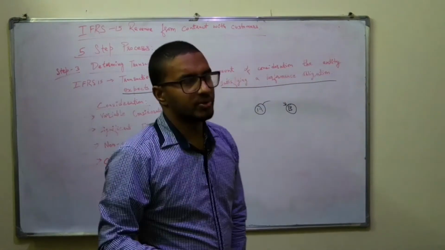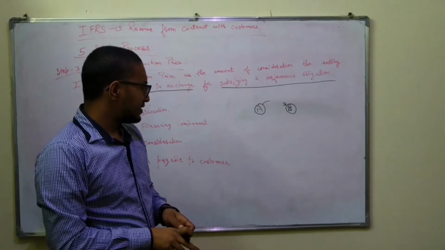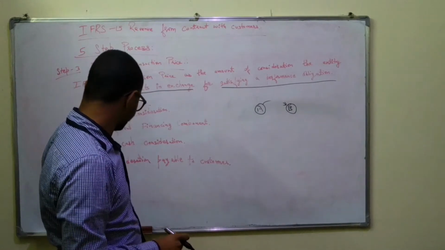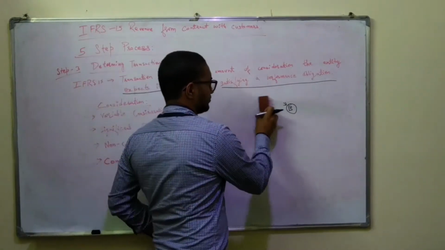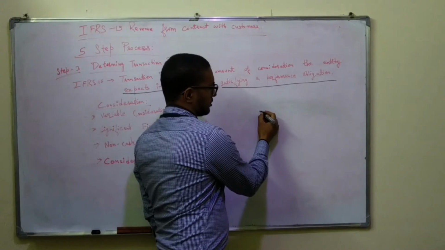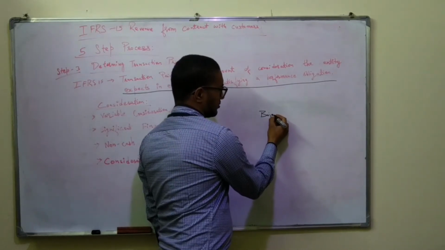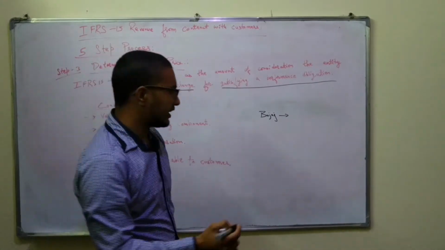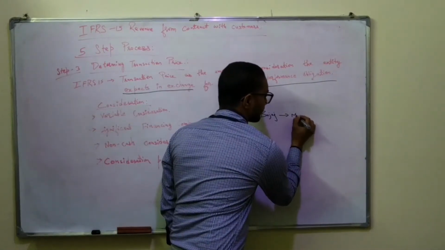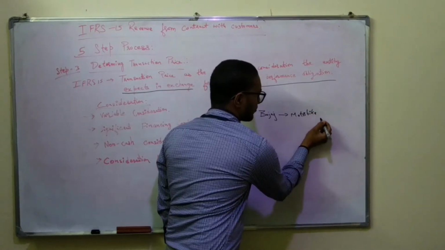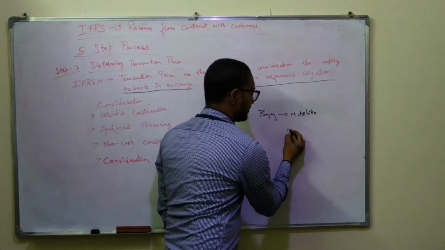Significant financing component is like, suppose the entity is A, or let's say it's Bajaj. Suppose Bajaj sells you a motorbike for, let's say, 150,000.